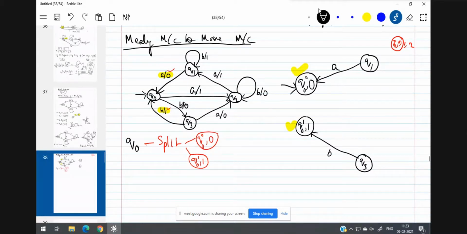Any other incoming arcs? No. What about the outgoing part? There are two: from Q0 to Q2, and from Q0 to Q3. Right now I'm just considering the incoming arcs. So everything we need to split.